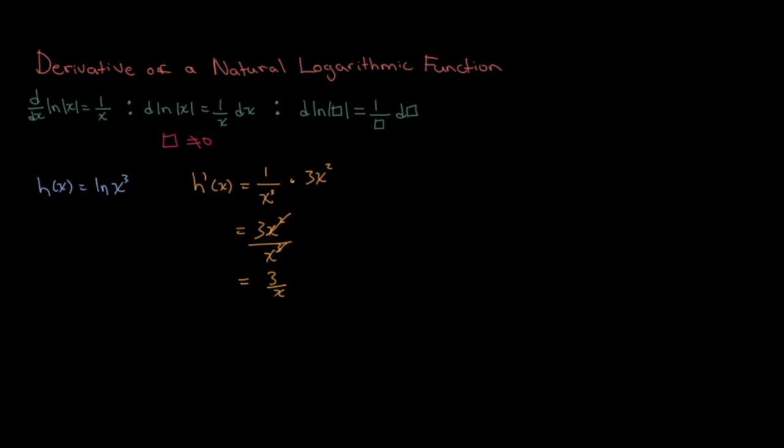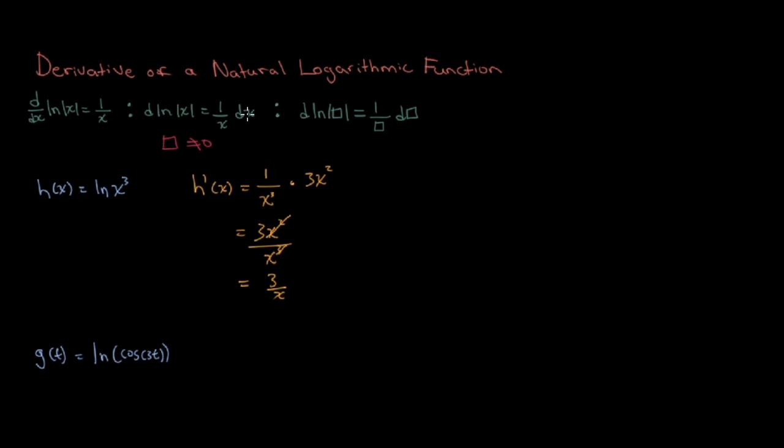All right, so let's do another example here. Let's say that we are given a function g of t. g of t is equal to ln of cos 3t. So a slightly more tricky example.